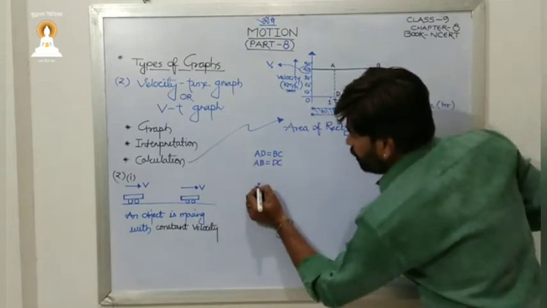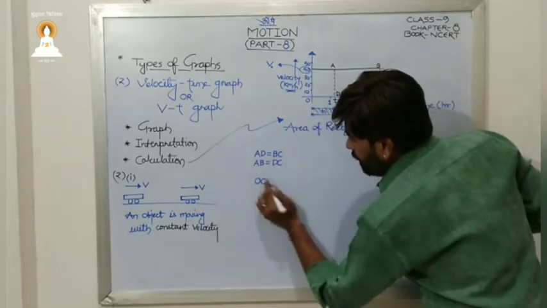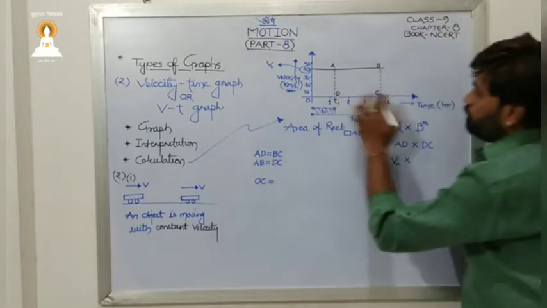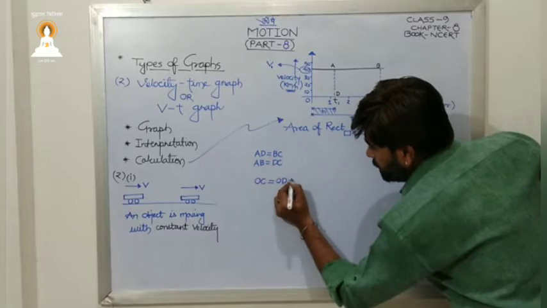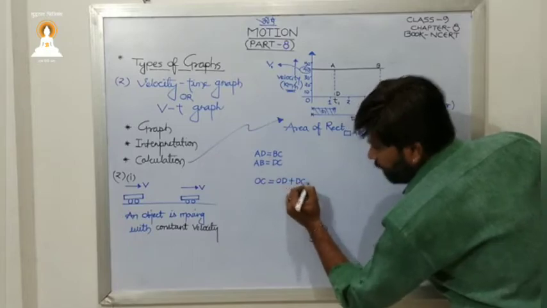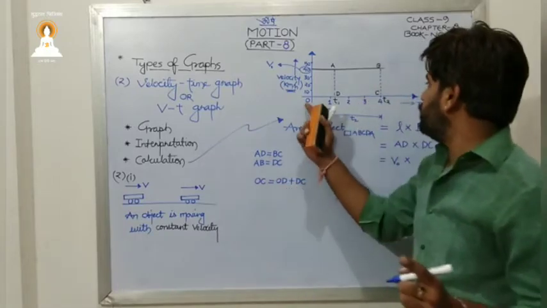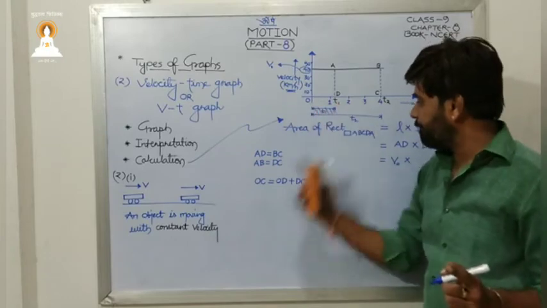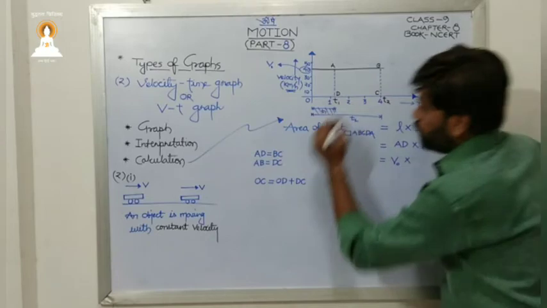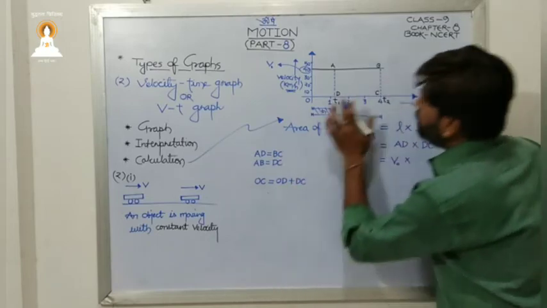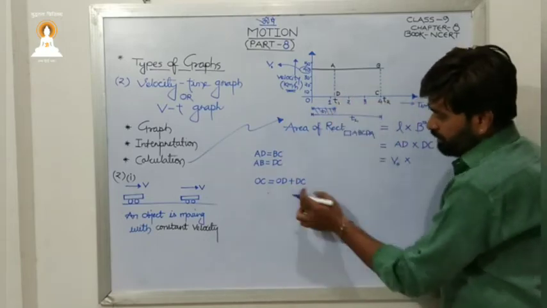So for DC we will do OC. Yes, we know that OC is equal to OD plus DC. Are you getting it? OC is nothing but OD plus DC. Yes, now OD is equal to how much? And what we need to find is DC.